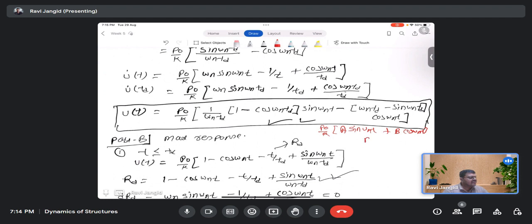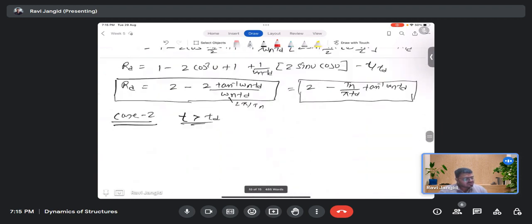So we can write the maximum response directly as root of a square plus b square. Is it okay? Yes. So for the free vibration phase, our maximum response we can directly get from this equation.